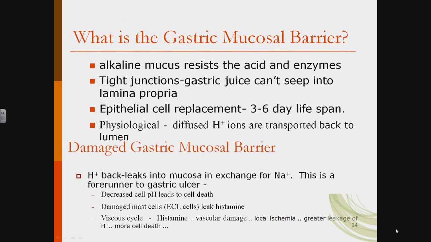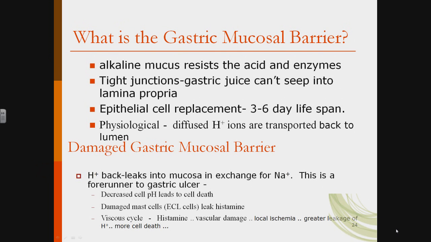Good mitotic turnover is what that means. And then physiological. In one of the earlier slides with the postulated acid secretion, any hydrogen ion that happens to diffuse back into the cell, we need to be able to pump them right back out through that hydrogen-potassium ATPase.